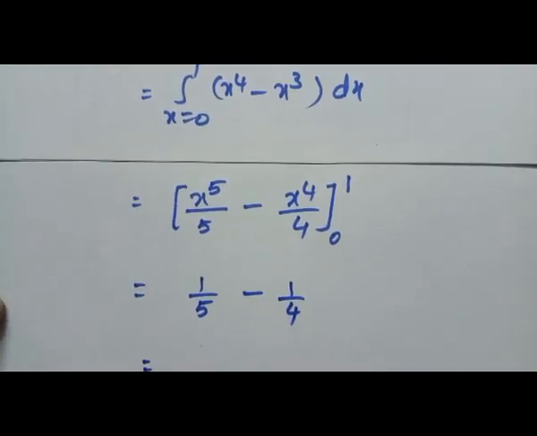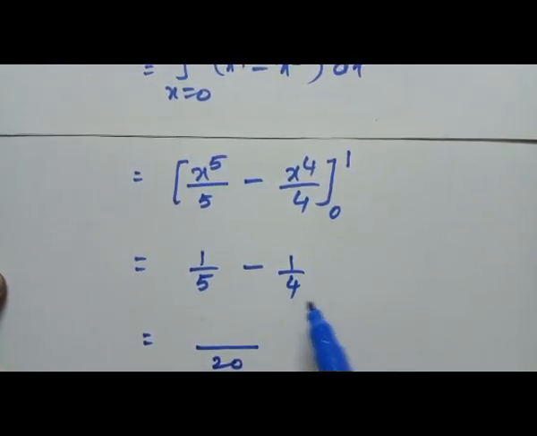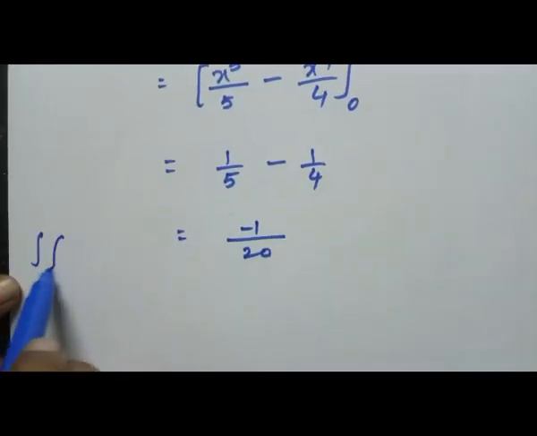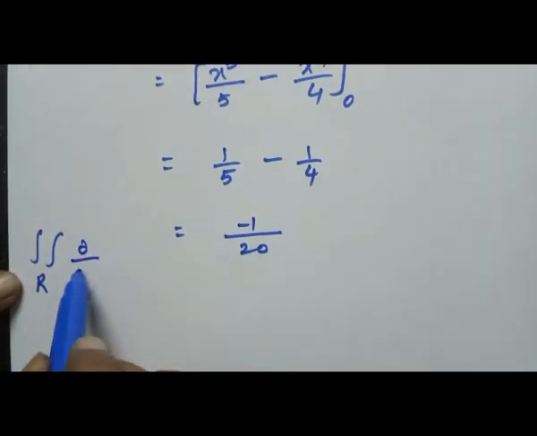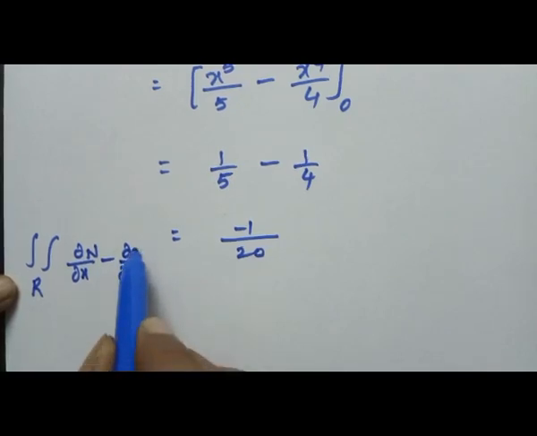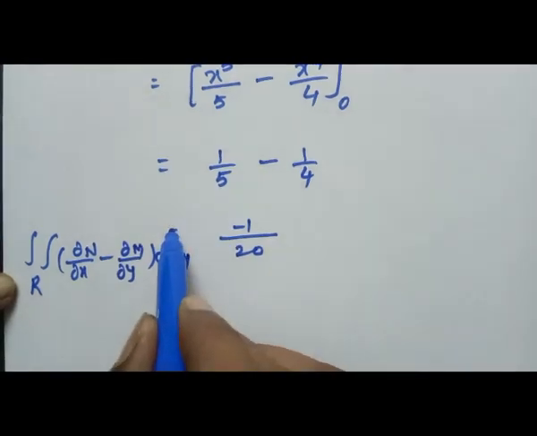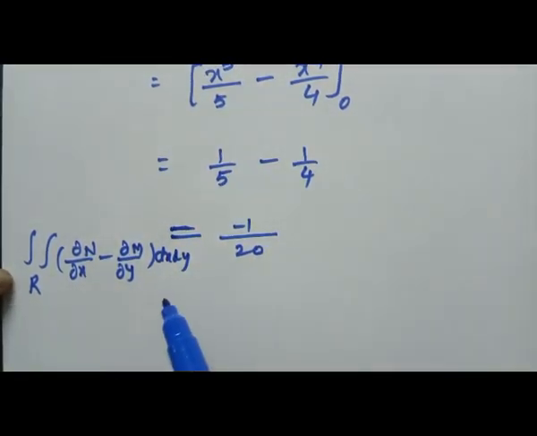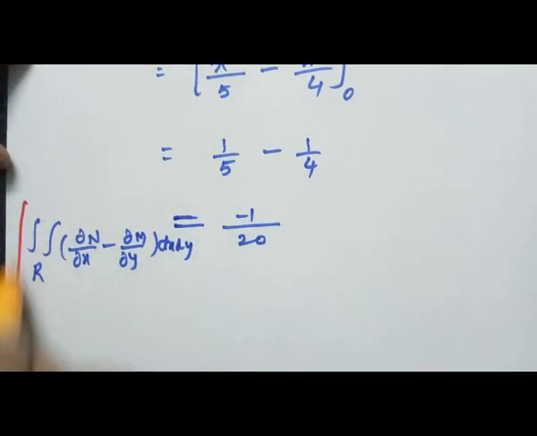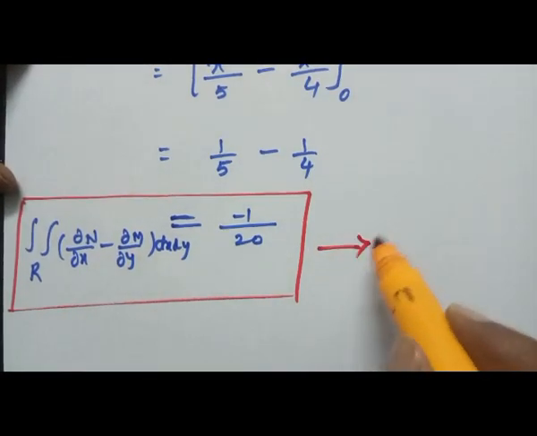The LCM is 20: 4 minus 5, that is minus 1, so minus 1 by 20. Therefore, the double integral over R of dou by dou x of n minus dou by dou y of m, dx dy, is equal to minus 1 by 20. This is equation number 7.